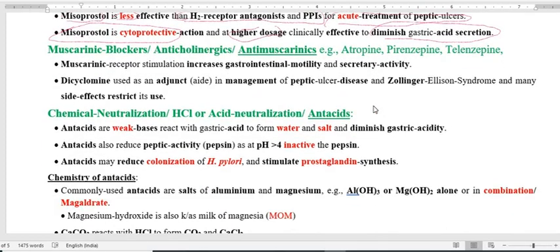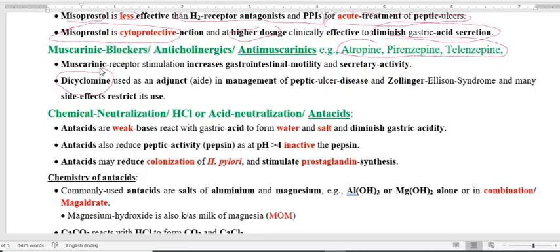Now we have to go through the other pathway, that is the muscarinic blocker, or anticholinergic or antimuscarinic, drugs like atropine, telenzepine, pirenzepine, and also dicyclomine. So these drugs are all muscarinic receptor blockers, and therefore they block the muscarinic M3 receptor present on the parietal cell.